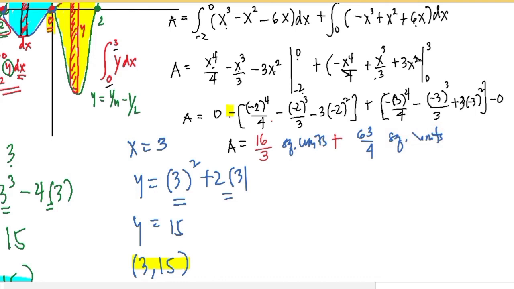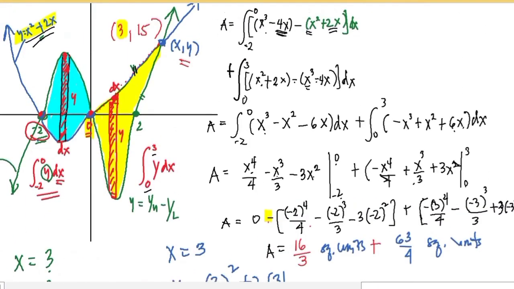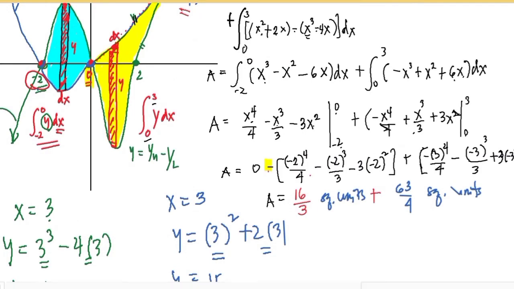That is why we are not following our time very well. Okay. So, for the area colored cyan, that is 16 over 3. While the area colored yellow is 63 over 4. Since the problem states that we have to find each of the two areas, we have two answers.